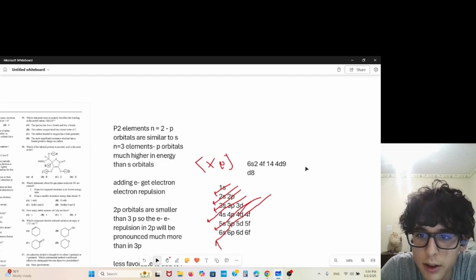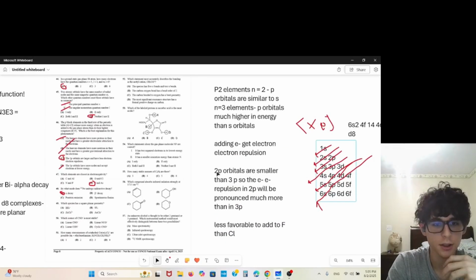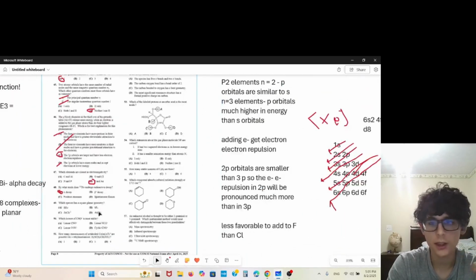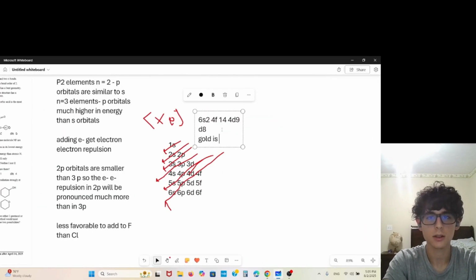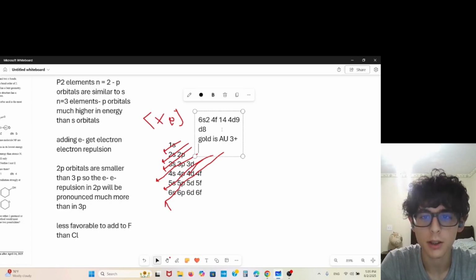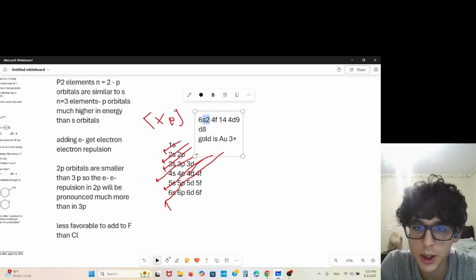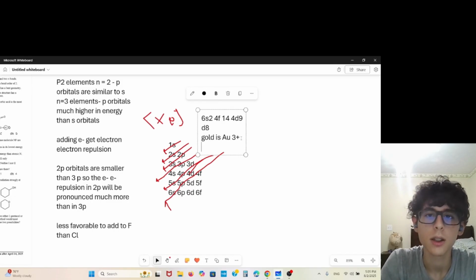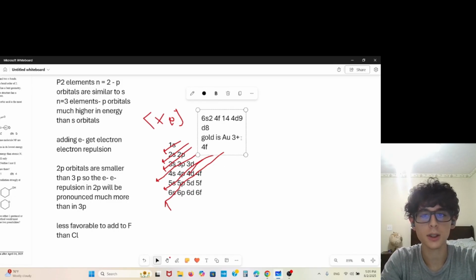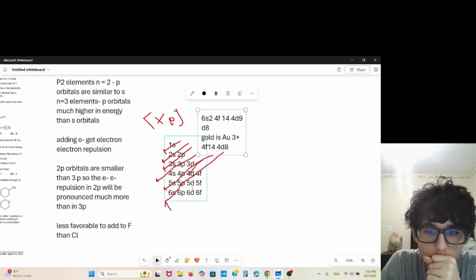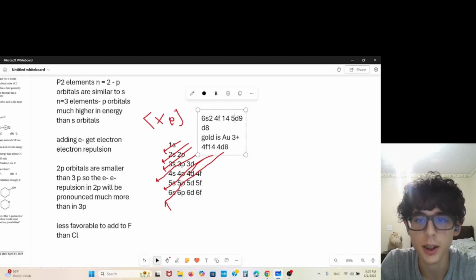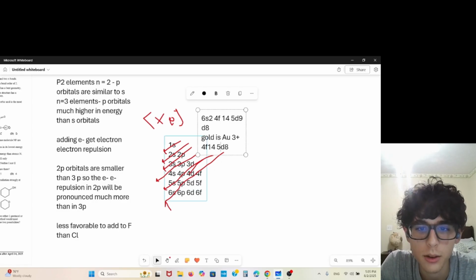So basically what's going on here, you have to look at its charge. Here, gold is Au3+, right? So you're going to have to remove 3 electrons. Now which will it be? 2 here first and 1 here. So you're actually going to end up with 4f14, 5d8.